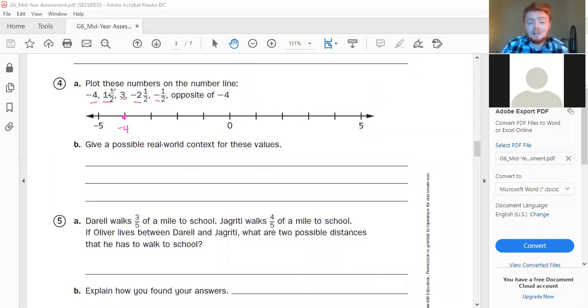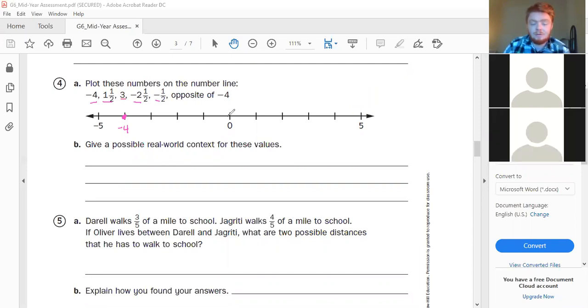Okay, next one is 1.5. Can someone raise their hand and tell me where 1.5 goes on this line? Anybody? Where does it go? It goes beside the 0.